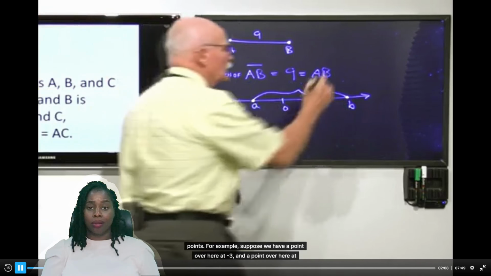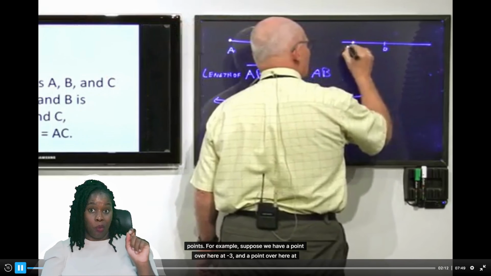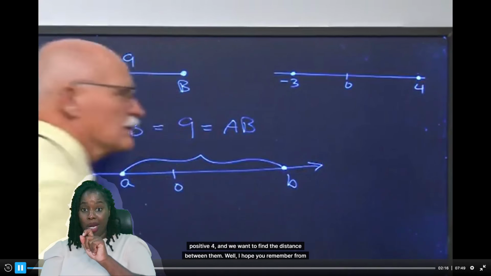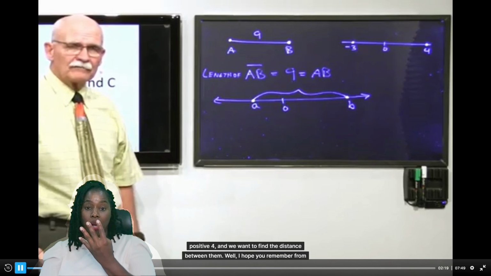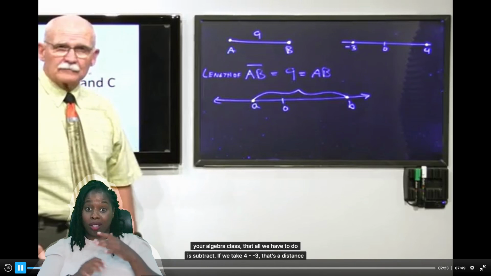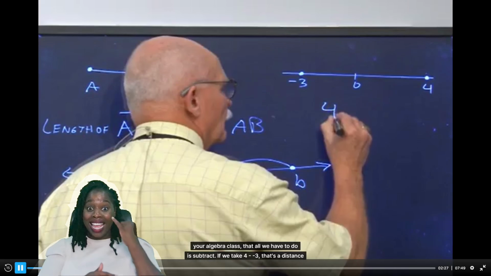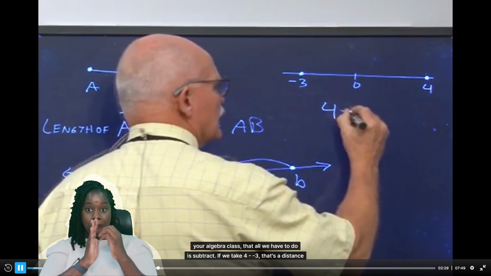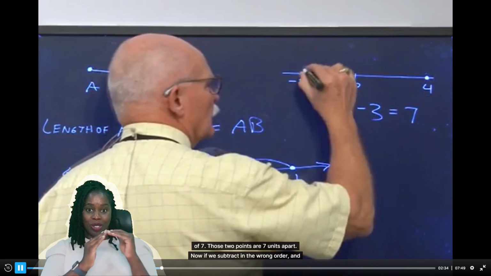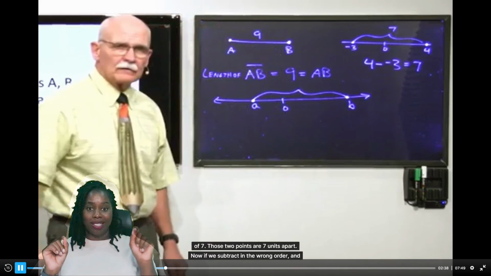For example, suppose we have a point over here at -3 and a point over here at +4. And we want to find the distance between them. Well, I hope you remember from your algebra class that all we have to do is subtract. If we take 4 minus -3, that's a distance of 7. Those 2 points are 7 units apart.